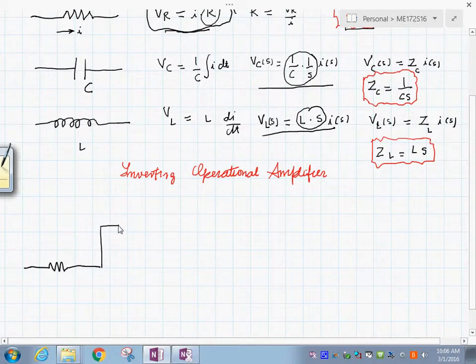Okay, and this is the little device that is of our interest today. Okay, this is your operational amplifier. Now the way it works, we need to explore this before we understand this a little bit more. This is the so-called inverting operational amplifier. Inverting operational amplifier, yeah?